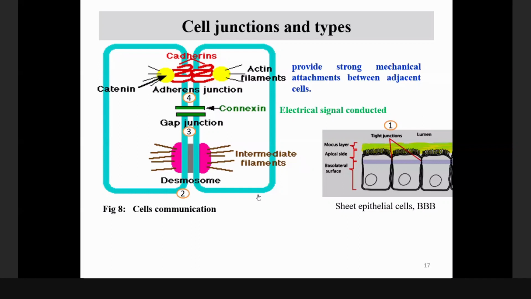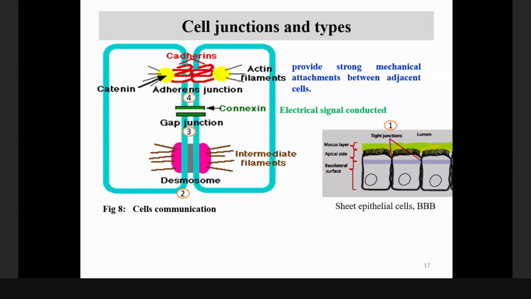The next is the gap junction. That means if two or more cells communicate with each other with connexin proteins, actually four connexin proteins, they form a gap junction. And if two or more cells are connected with gap junctions, they share the same cytoplasm and can be taken as one cell.